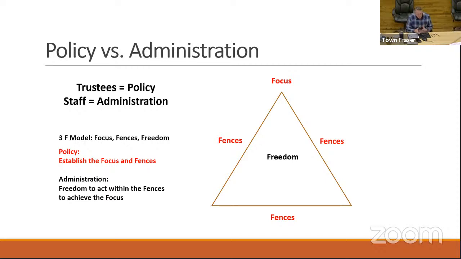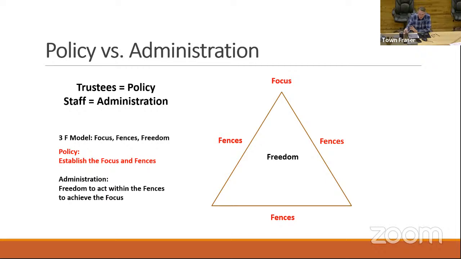The reason we need a separation between policy and administration is under the council manager form of government. The town manager is hired and given broad administrative authority over how that operation is run and managed. So my role is to provide leadership and management oversight and direction to staff to achieve those objectives.